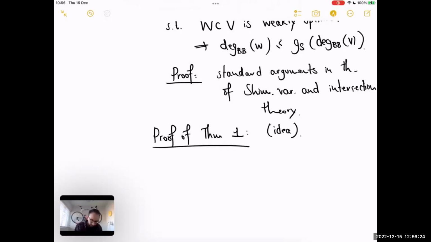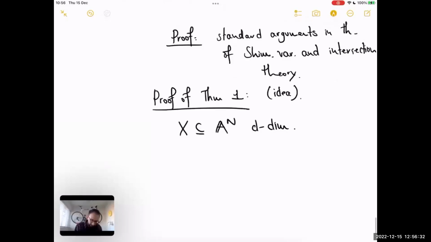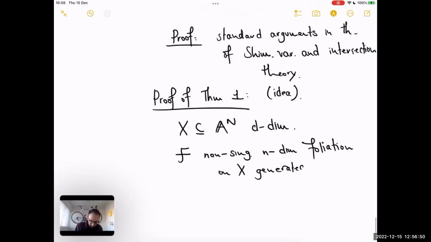So suppose you have an affine subvariety X of dimension d, and on it a non-singular n-dimensional foliation generated, say, by n commuting vector fields.